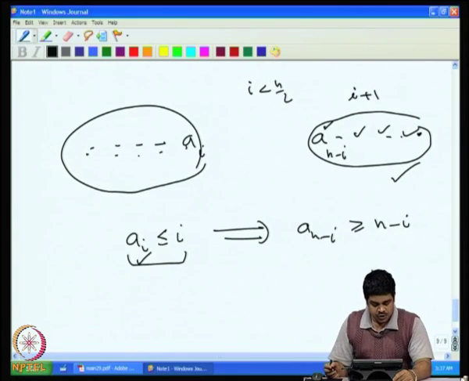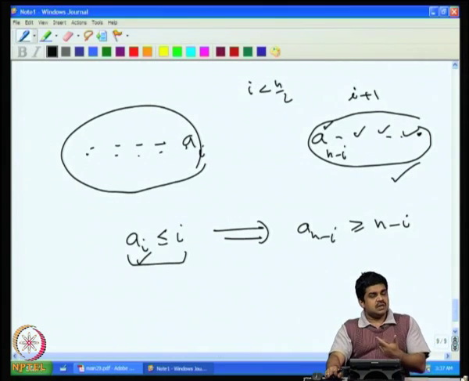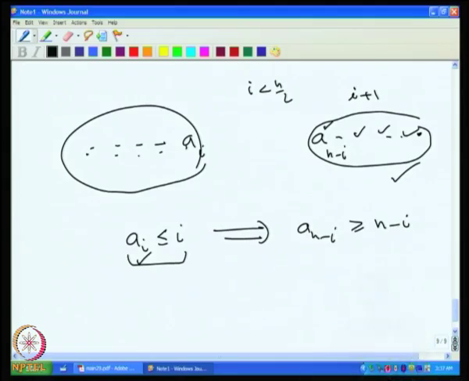Now, we will show that if this condition is met, then this sequence, or any sequence which is pointwise greater than this, corresponds to graphs which are Hamiltonian.